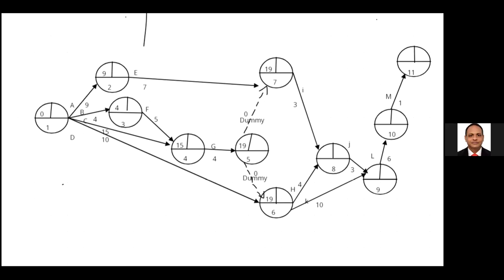The 19 plus H4, 23 for event number 8. 19 plus I3 is 22. We select 23 as the highest, via H. 23 plus 3 for the 9th event, 26, but via the K, 19 plus 10 is 29. The 29 plus 6, 35, and the 10th event, 35 plus 1, 36.